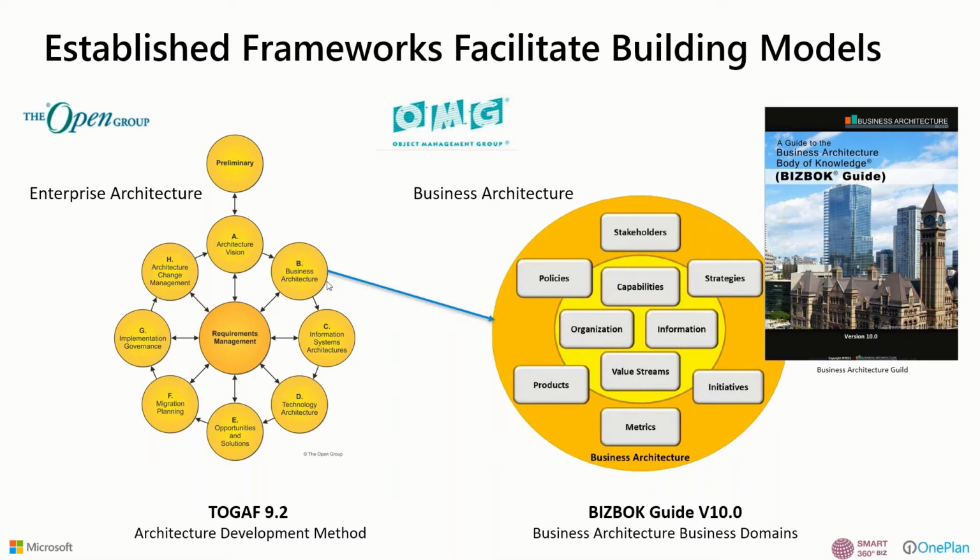Within TOGAF itself, there's bubble B, if you would. Bubble B is the business architecture. So there is a focus on business architecture through the Business Architecture Guild, and there is the BIZBOK Guide, which we're on version 10. Very heavy, very good reference, very good knowledge base based on years of experience of business architects.